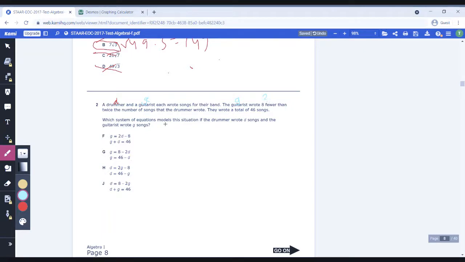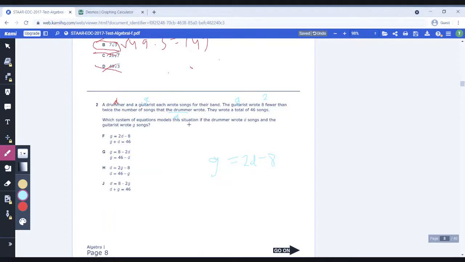Twice the number of songs the drummer wrote would be 2D, because 2 times D. So the guitarist wrote 8 fewer than that, so minus 8. Guitarist G would equal 2D minus 8.